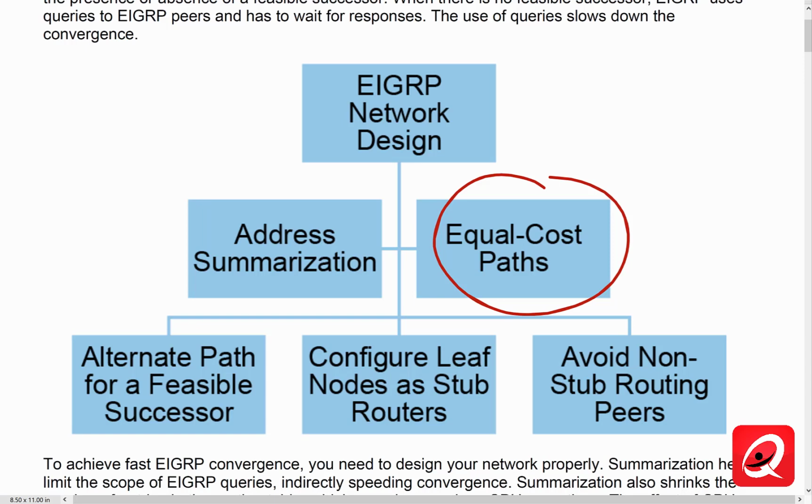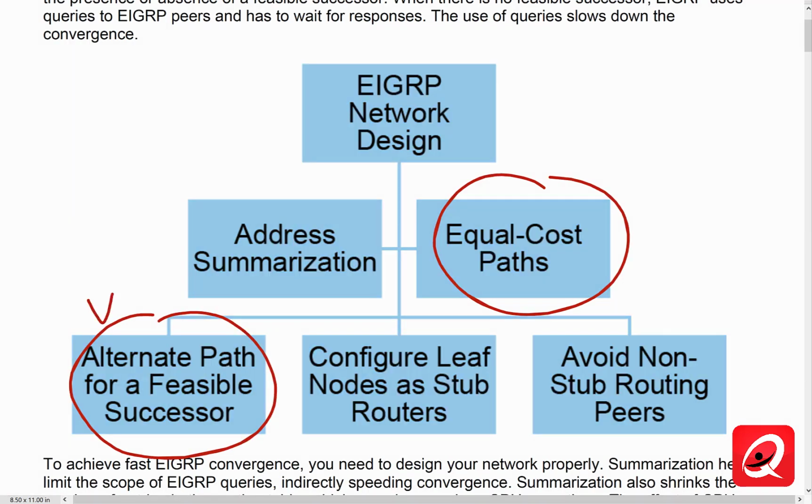Now, I wouldn't say that this is necessarily directly related to convergence, because convergence to me is a concept in which something fails and you have to calculate an alternate path, whereas with equal cost paths, we've already got another path. We've got multiple paths actually, and if one of them fails, then the other path will simply take over, or continue to work as it was because it was part of the routing information anyway.